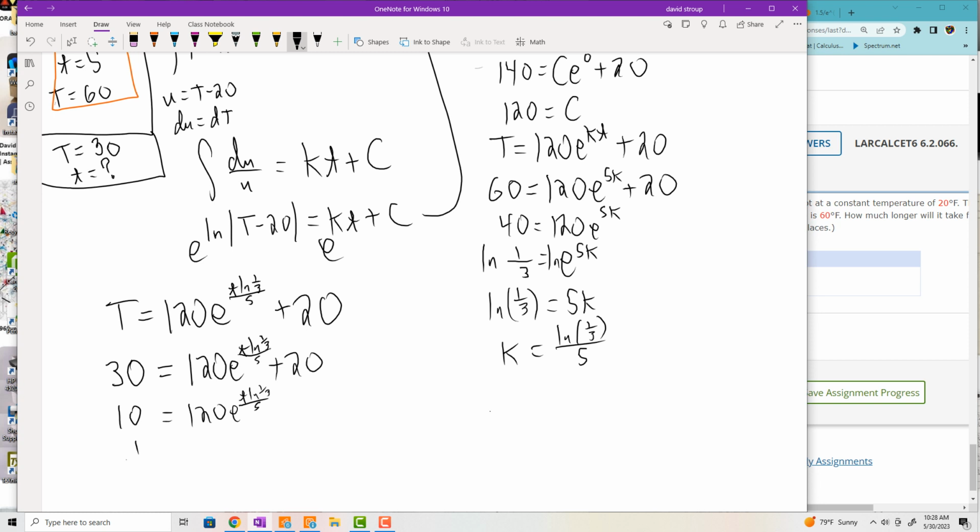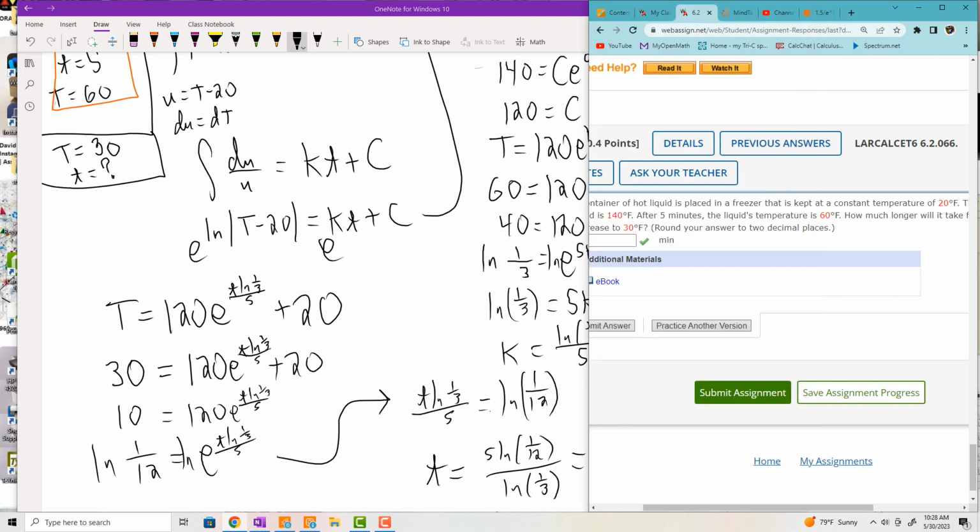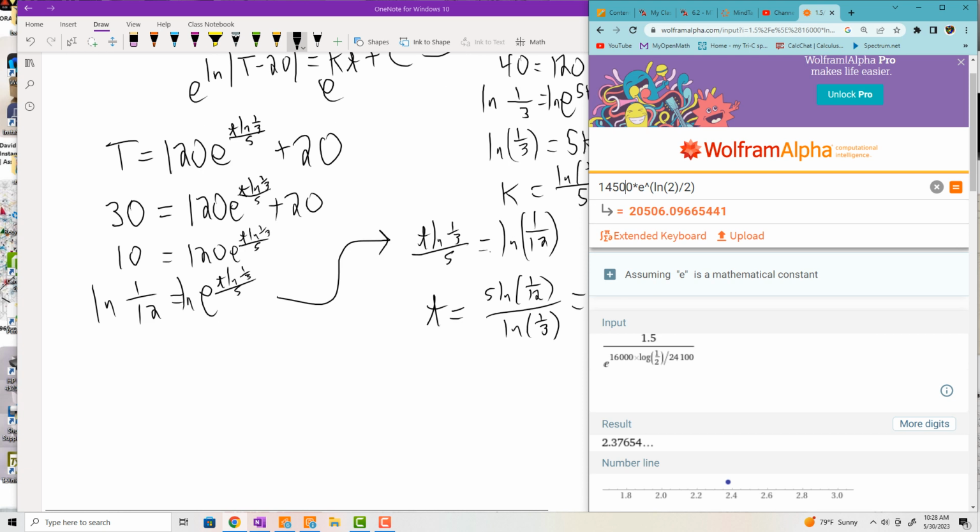Divide by 120, get 1/12. Take natural logs on both sides. Finally solve. And we want 2 decimals for our approximation eventually.